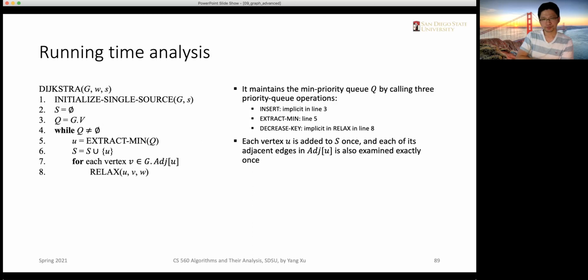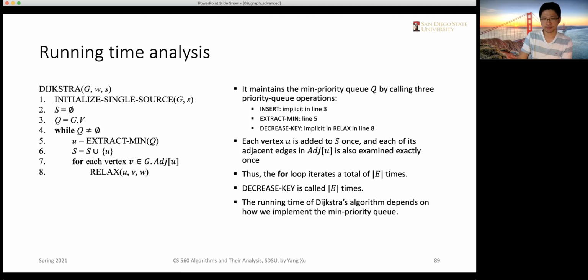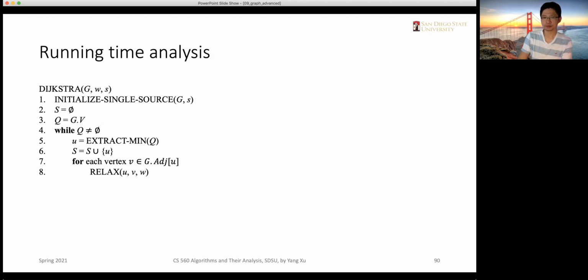And then because each vertex is added to S once, and each of its adjacent edges is also examined exactly once, the for loop actually iterates E times in total. It only examines all the edges once, and decrease-key is called E times. So the running time depends on how efficient our implementation of the minimal priority queue. That is an old problem now.